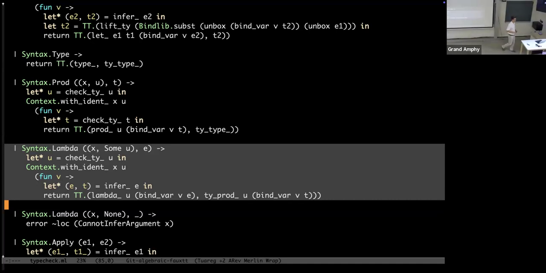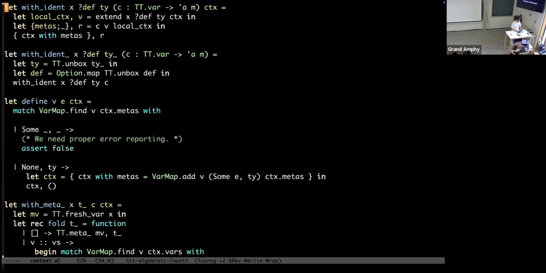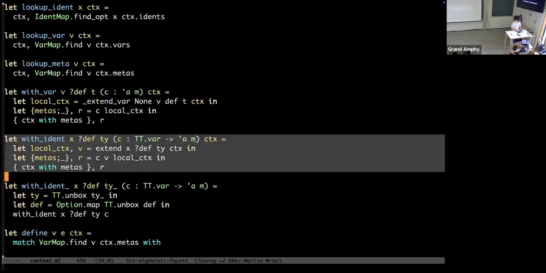So how does this with context, with ident, work? Here's with ident. It calls extend. Thank you. We don't have to look at extend. What we have to look at is the type, the monad discipline. So the monad discipline is going to go like this. This extend will create a new context called local context. Then we're going to run our computation.